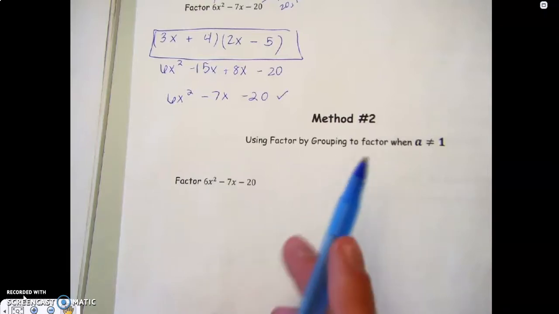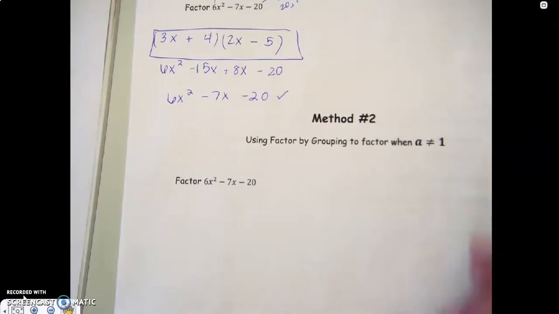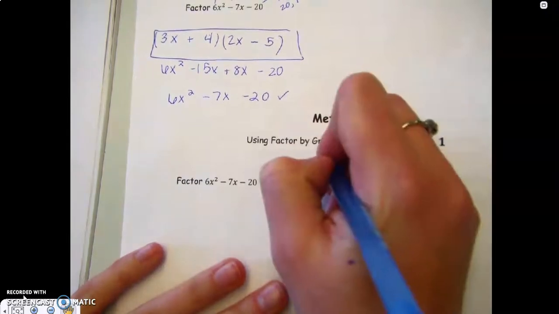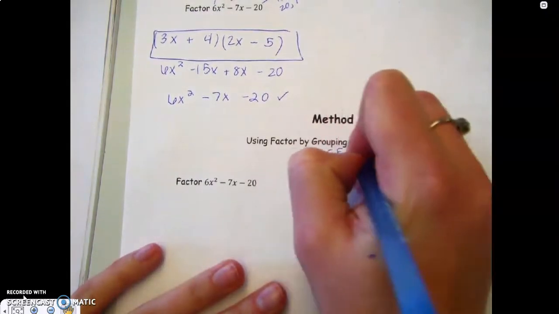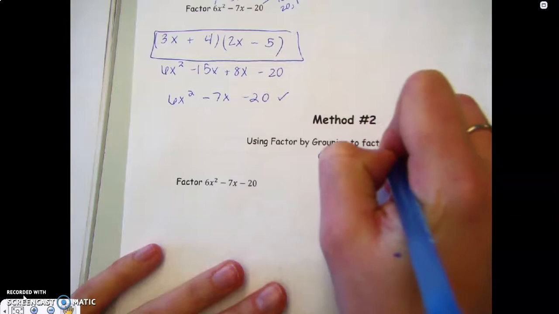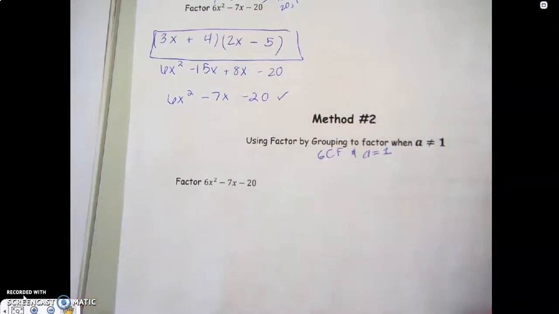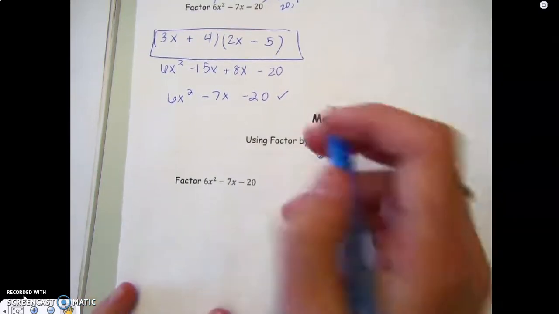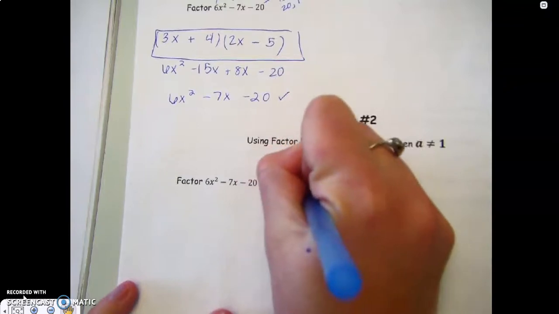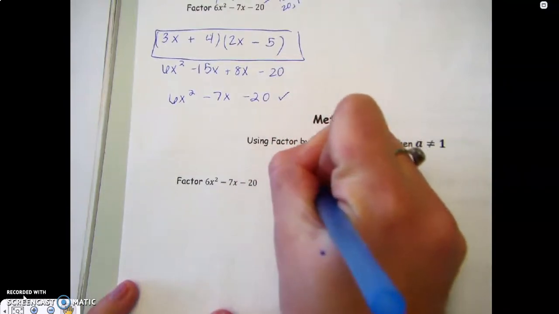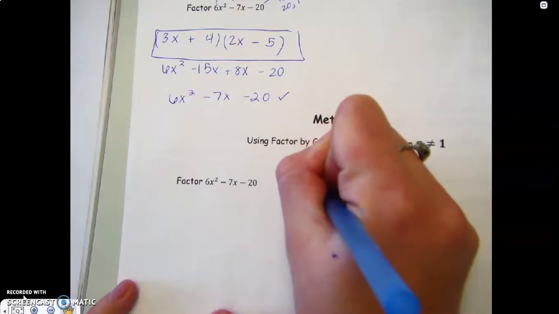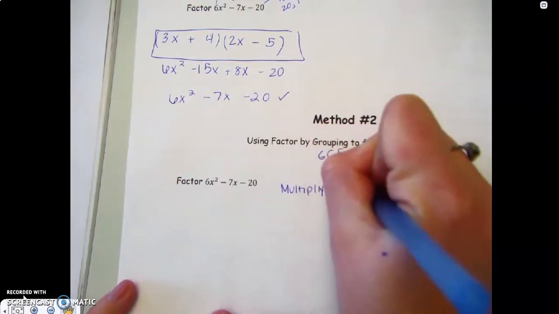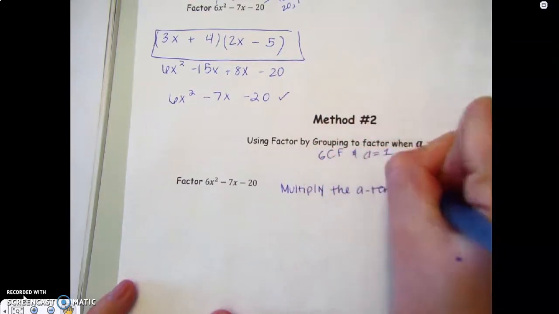This is called the factor by grouping method, and it's kind of like GCF and when a is equal to 1 combined. So it's a combination of those two things. The first thing you're going to do is multiply the a term and c term.